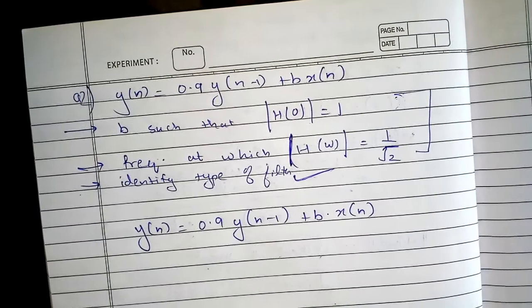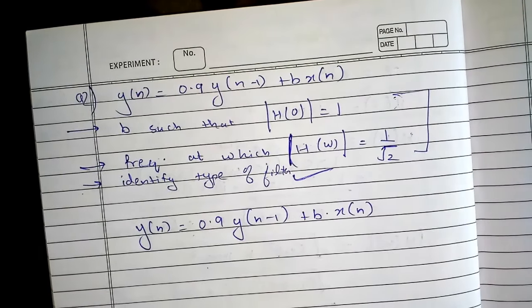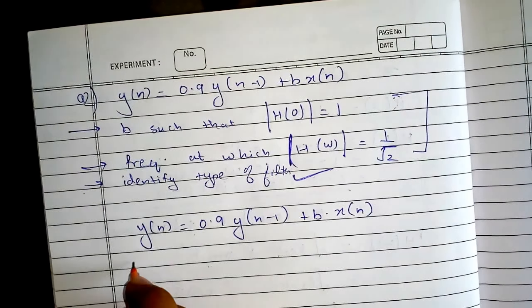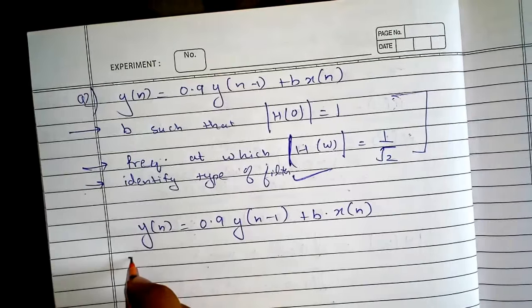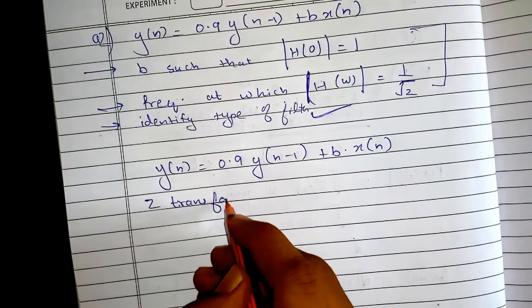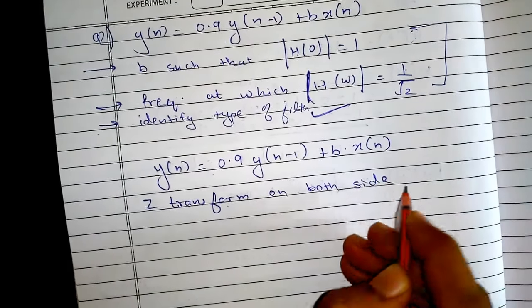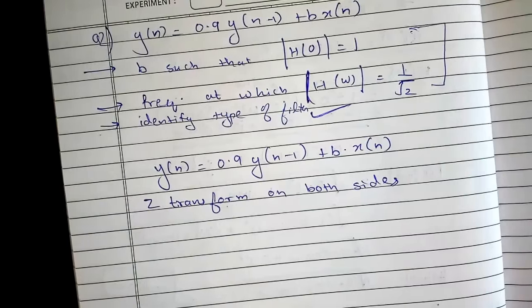First thing, we are given y of n and we need to find H of z. How to do it? Simple. Take the z transform on both sides.